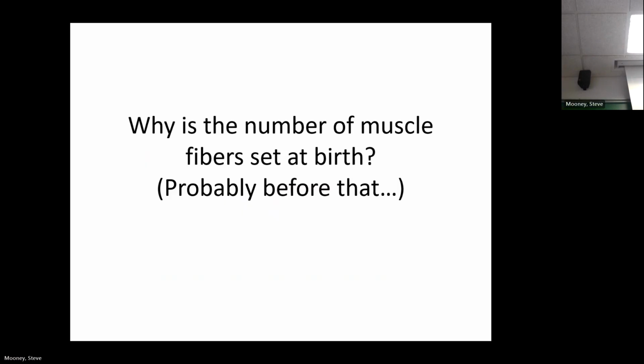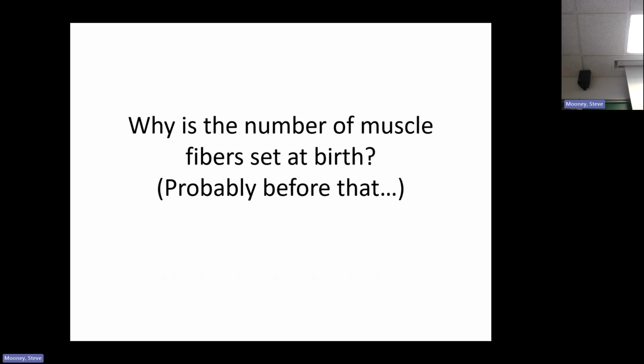So if we have a 1-to-1 ratio, and if I told you that the number of muscle cells or muscle fibers that you have is set at birth, well before that, why does that make sense given what I just told you? So in order to be wired to move, I can't be changing the number of cells.